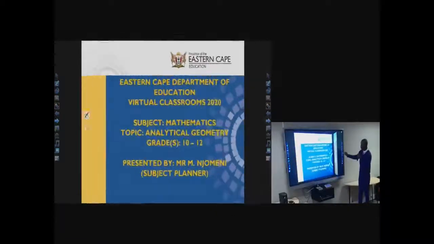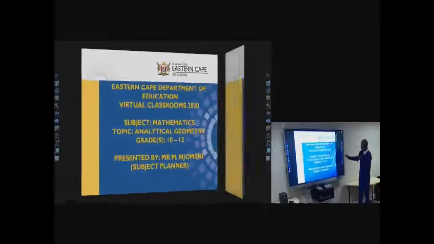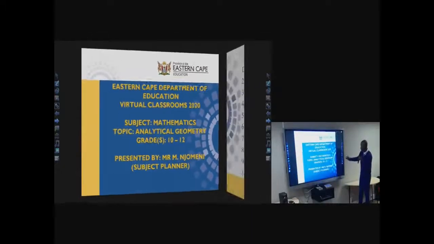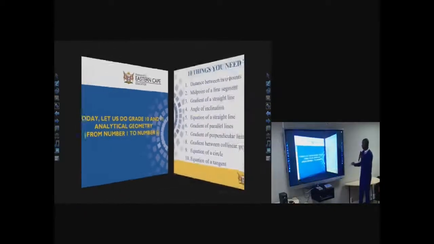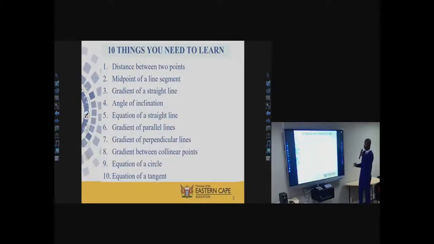Let's quickly go back to where we were. As you can see, so far we talked about the distance between 2 points, midpoint of a line, gradient of a straight line, angle of inclination, equation of a straight line, and we talked about the fact that when lines are parallel, gradients are the same.